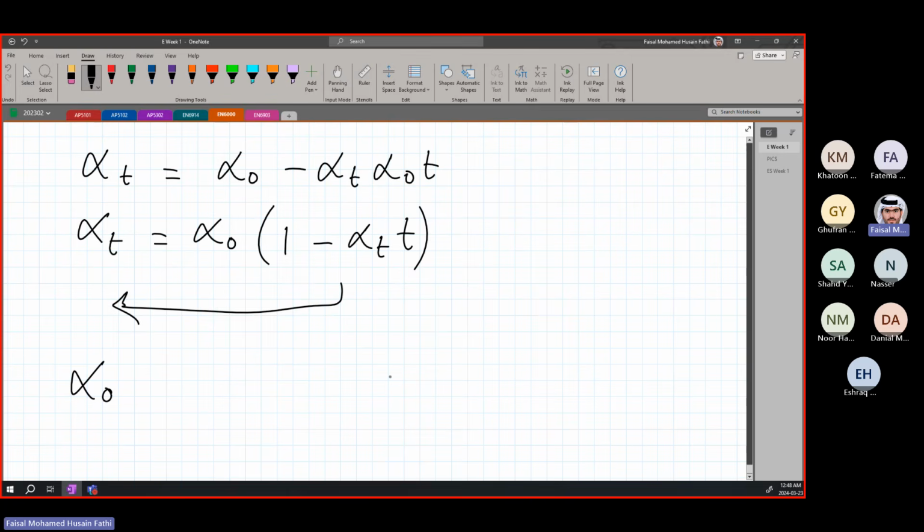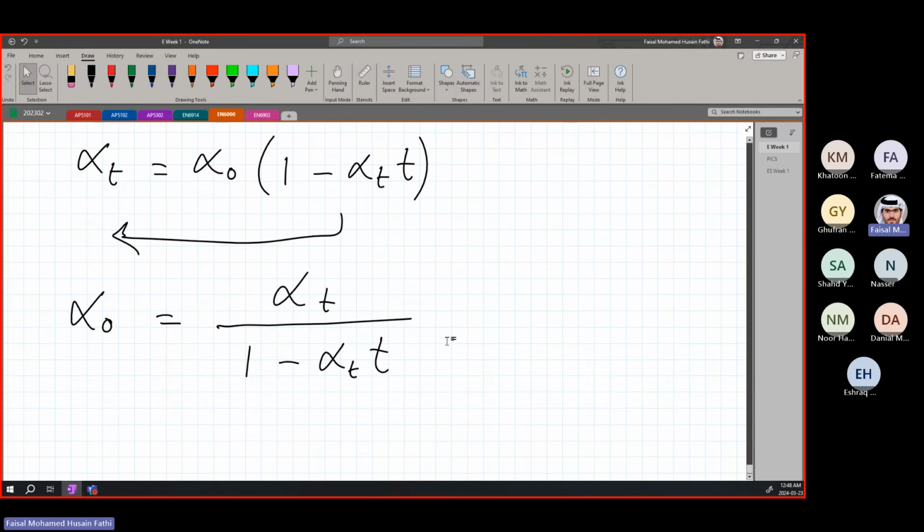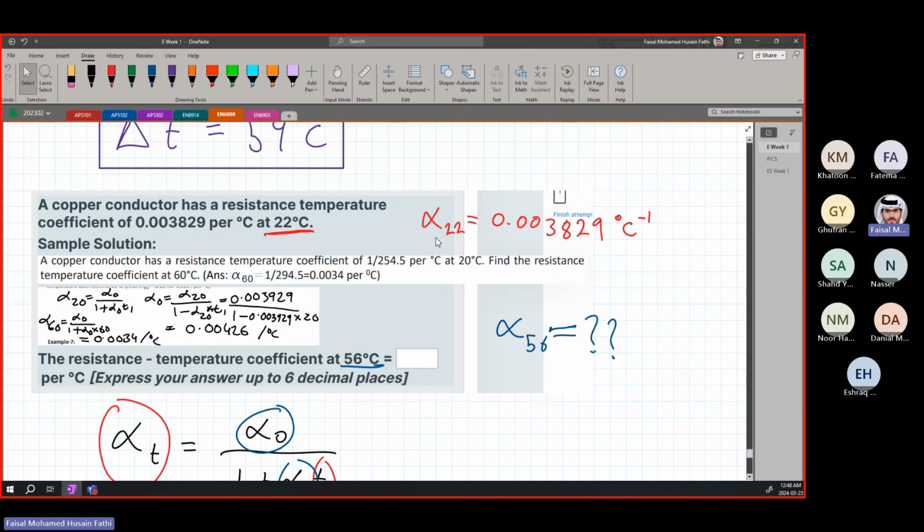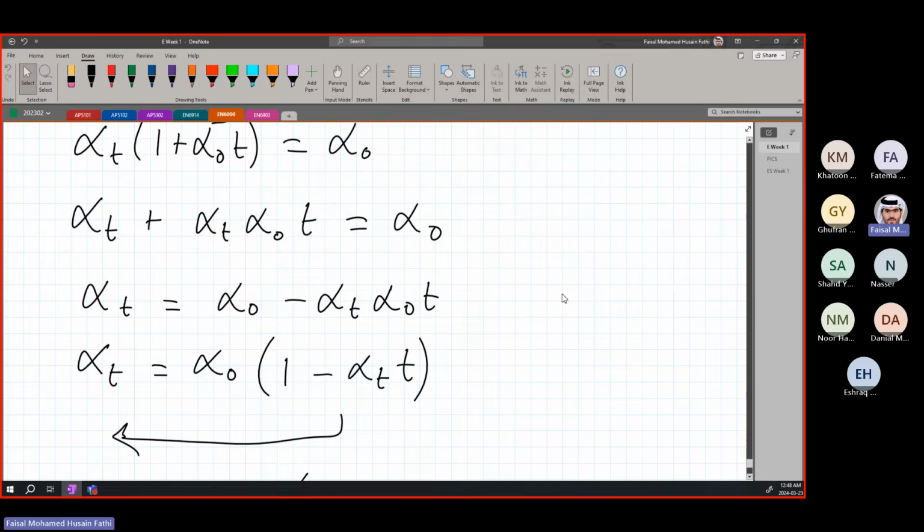So alpha 0 is going to be alpha T divided by 1 minus alpha T times the temperature. So we have a formula now to find alpha 0 given any coefficient at any temperature. We have the temperature at 22 and the coefficient is 0.003829.